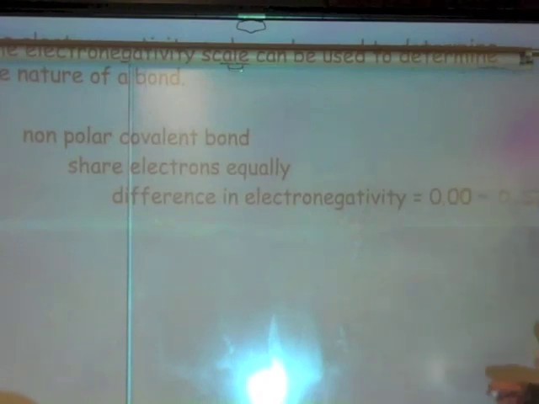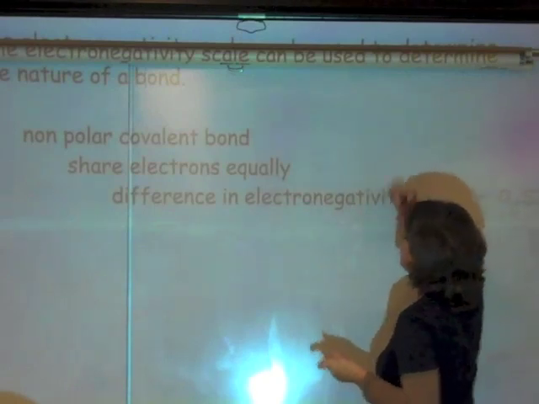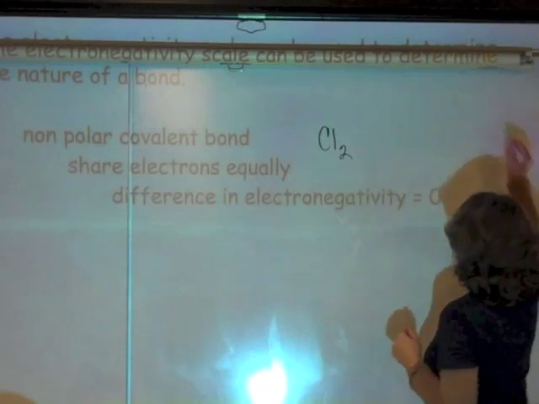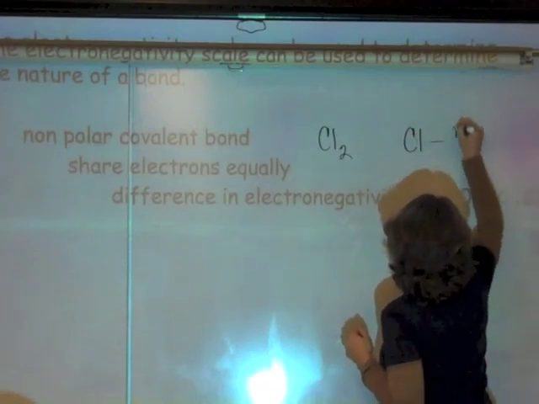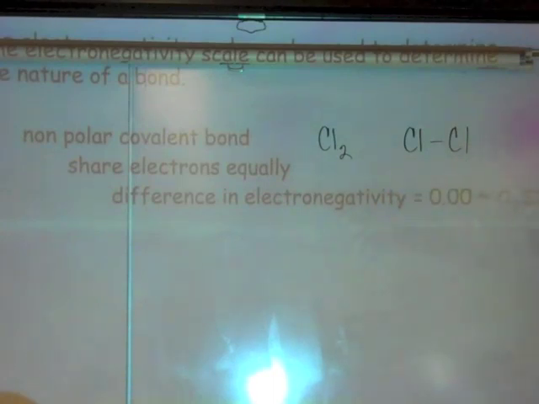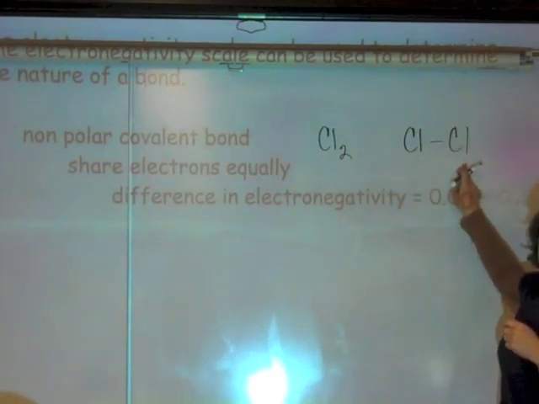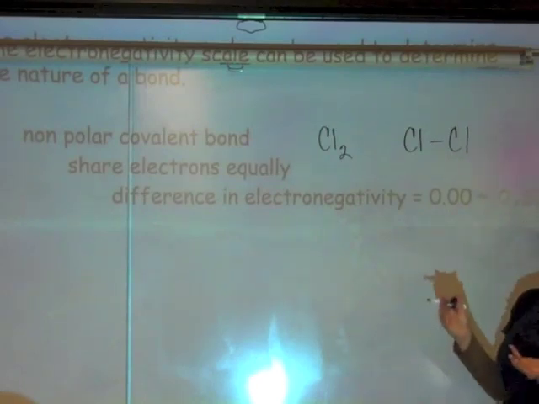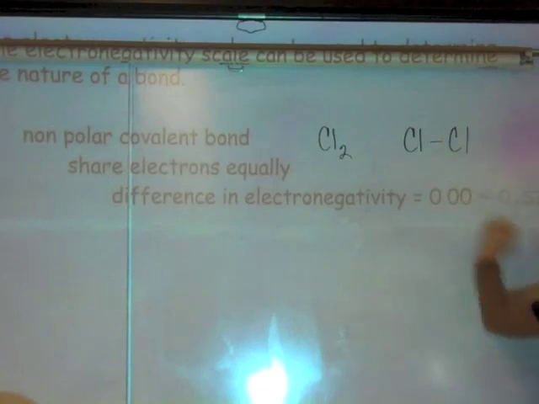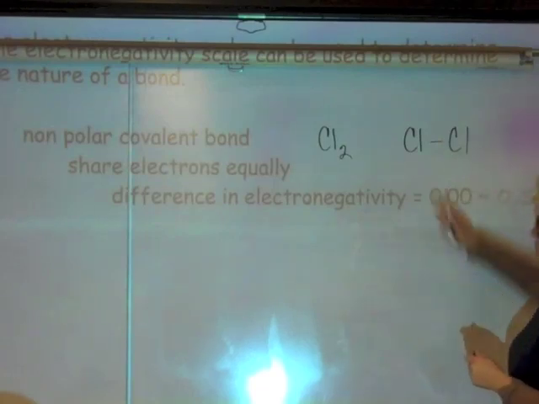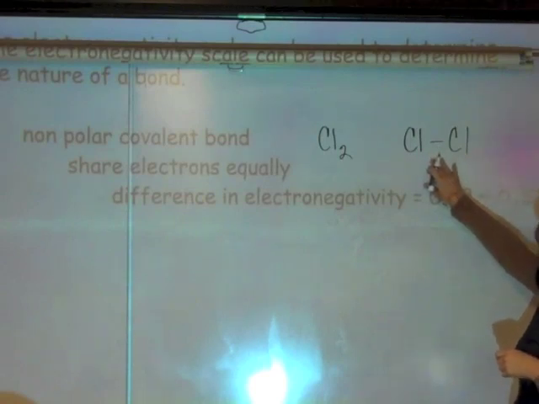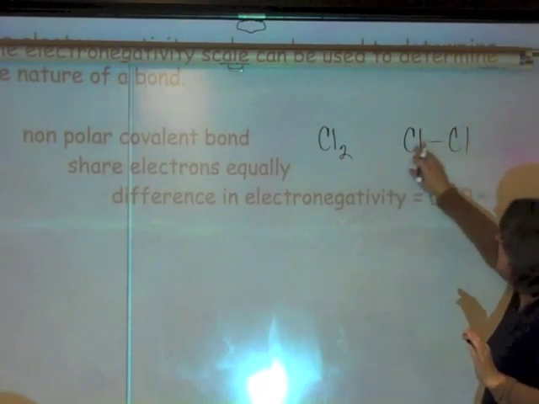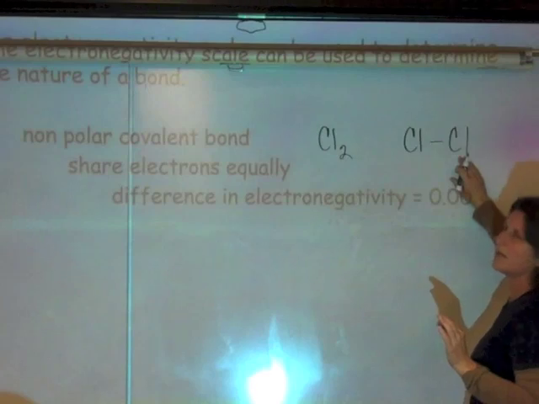So an example of a non-polar covalent bond would be Cl2, chlorine gas. We've got a chlorine bonded to a chlorine. Okay, these are identical elements. They have identical electronegativity. And so, because of that, the difference between their electronegativity is going to be 0, and the pair of electrons that chlorine shares is going to spend exactly the same amount of time around this chlorine atom as they will around this chlorine atom.